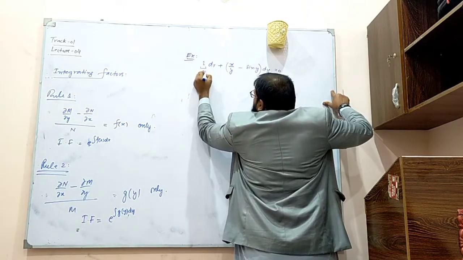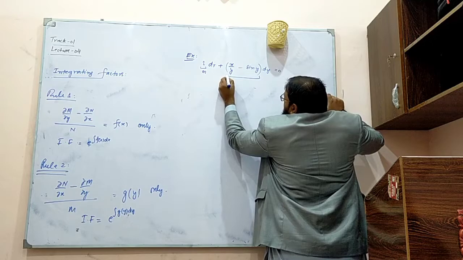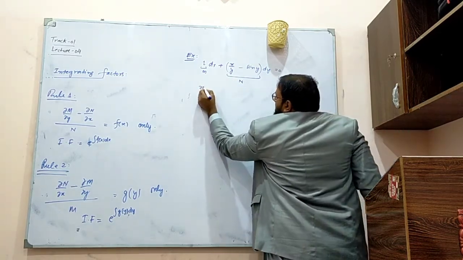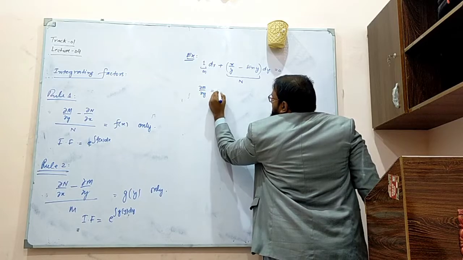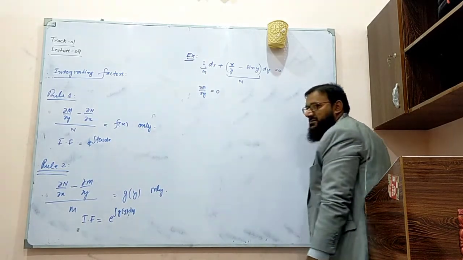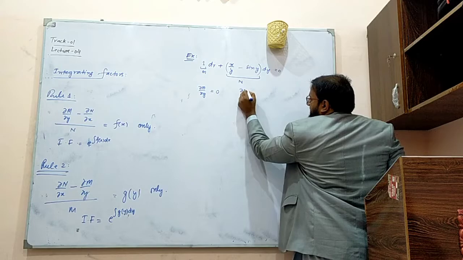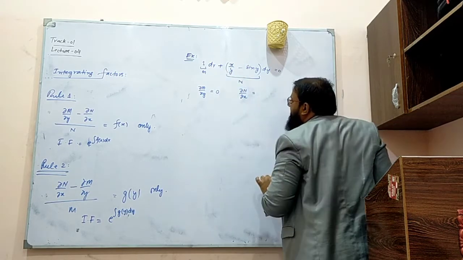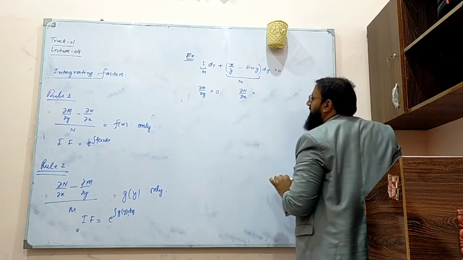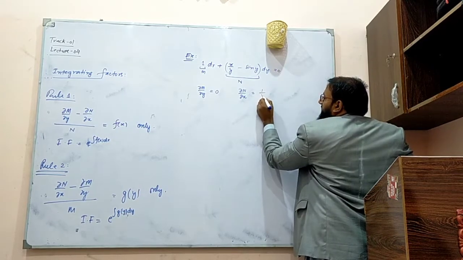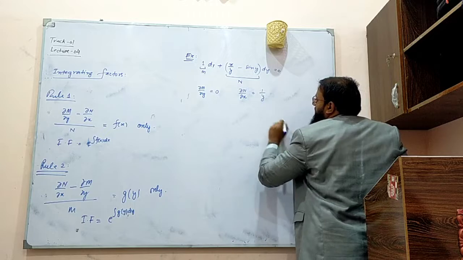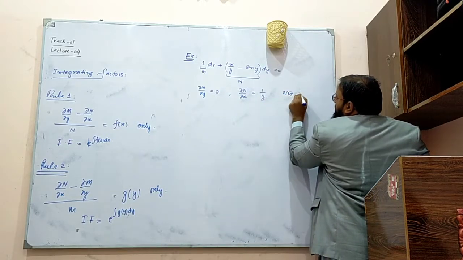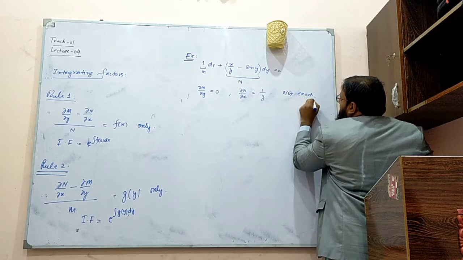So your m is 1 and your n is this whole term. Partial m by partial y is 0, you can see. And partial n by partial x, you differentiate this quantity with respect to x: 1 upon y, and the other term would be 0. So you have these two things which are not the same, so your equation is not exact.